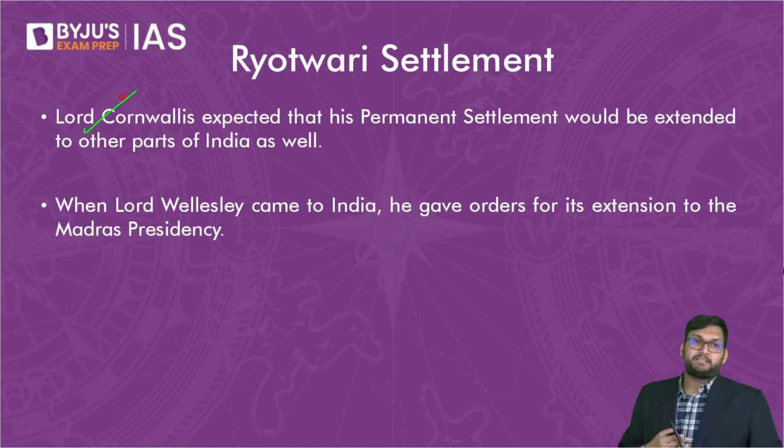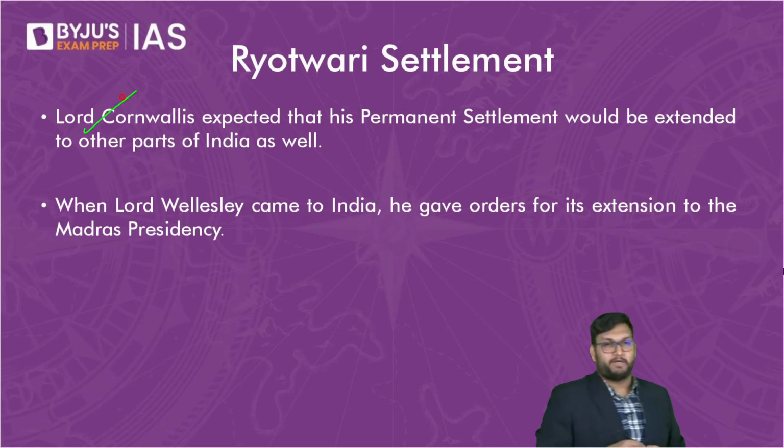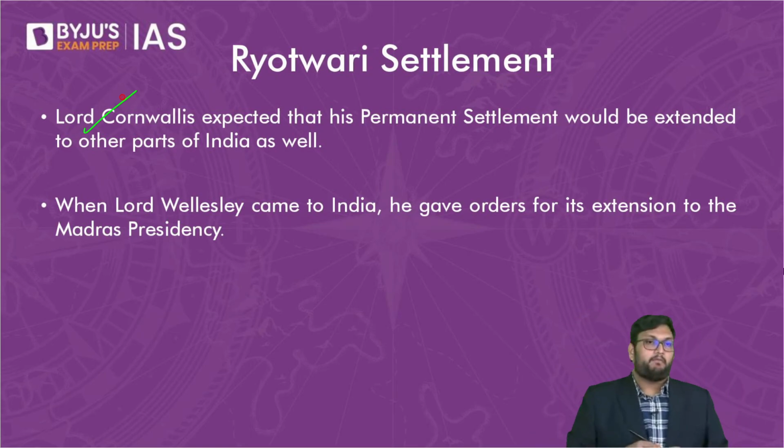Cornwallis expected his permanent settlement to be extended to other parts of India as well. Wellesley came to India. He gave orders for the extension of the permanent settlement to the Madras Presidency. Same Wellesley of the subsidiary alliance.